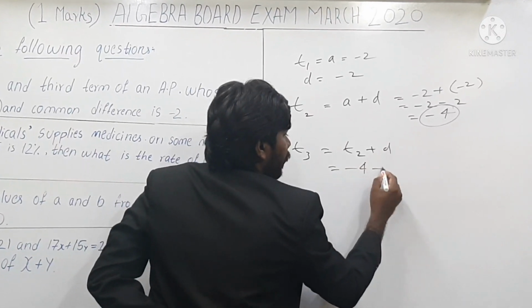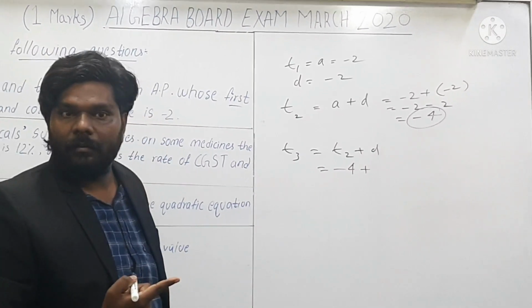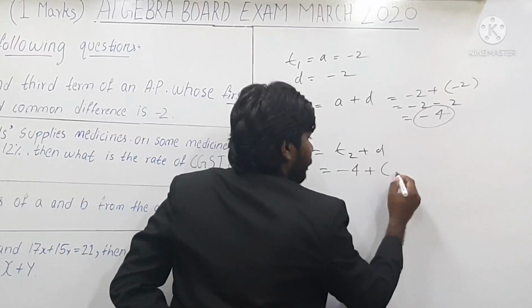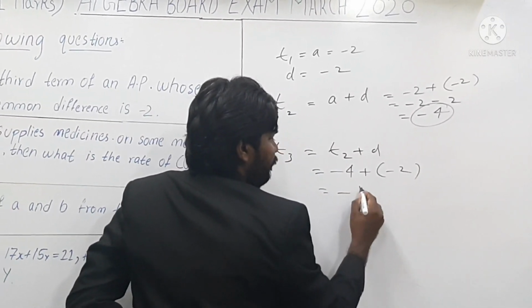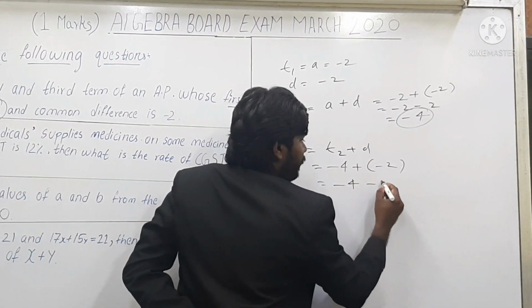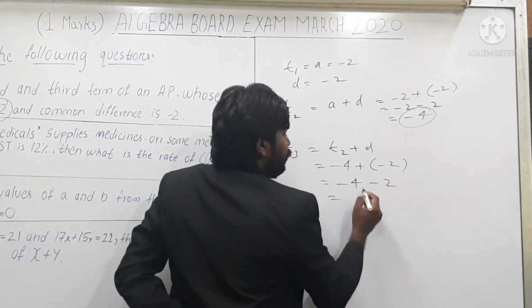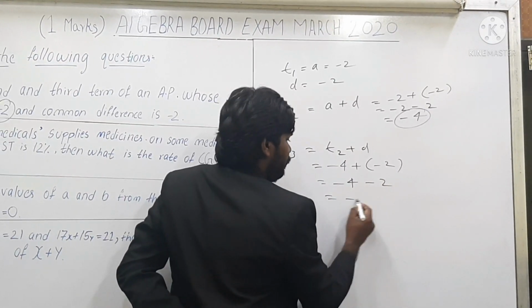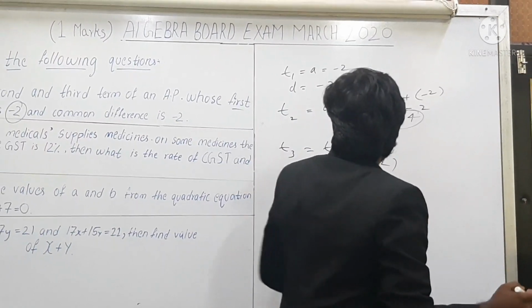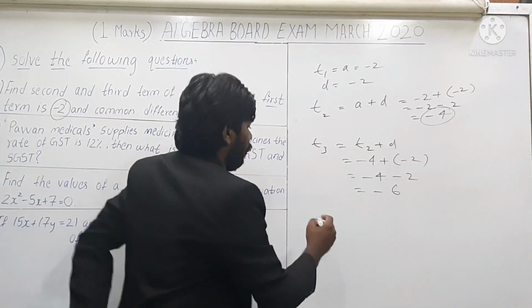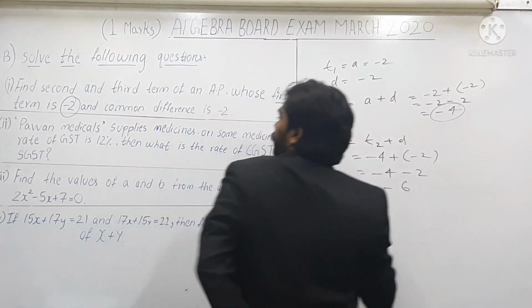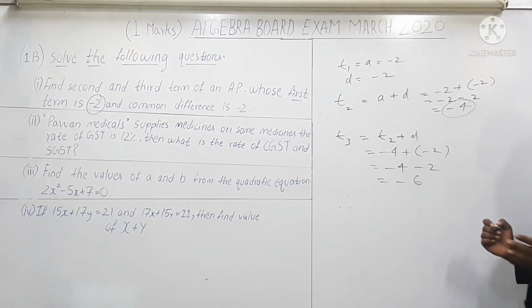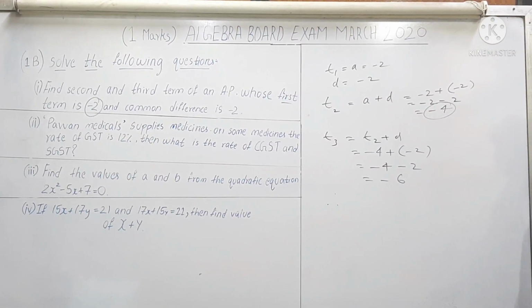That is -4 plus, what is my common difference? -2. So that is equal to -4 plus into minus, that is -2. -4 -2 will give me -6. So therefore the second term is -4 and the third term is -6.